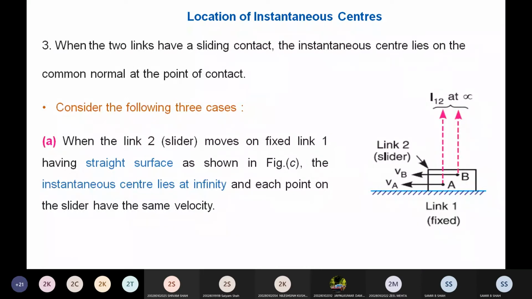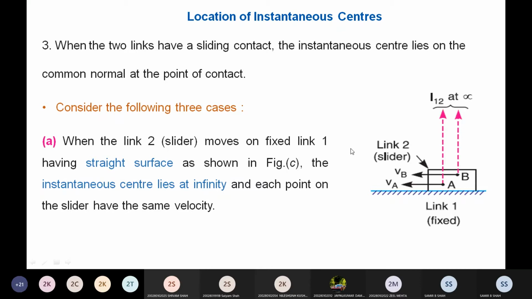Now third, when the two links have a sliding contact, the I center lies on the common normal at the point of contact. There are three cases that we have discussed.